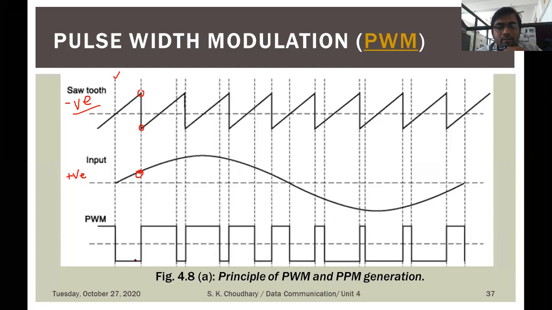At that moment, the pulse changes its polarity from negative to positive, and it remains positive as long as the input signal is more positive compared to the sawtooth signal.